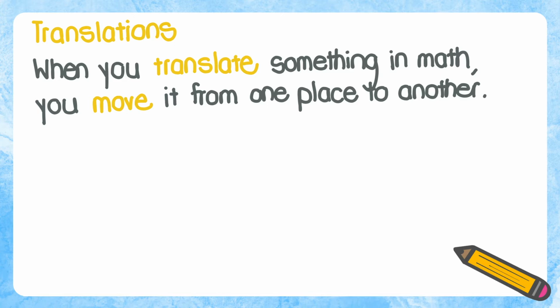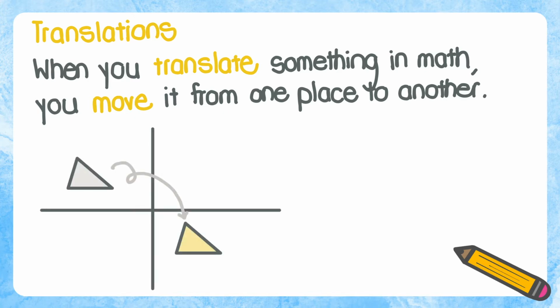So first, we're going to focus on translations. Translations are a type of transformations, and when you translate something in math, you move it from one place to another. If you were in Math 1 last year, you've actually seen translations.